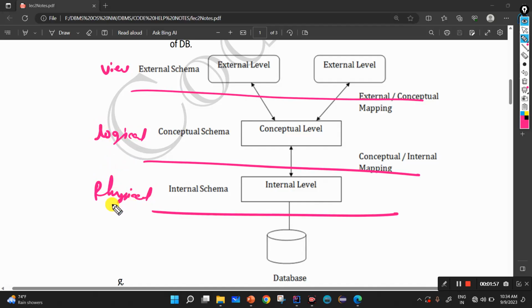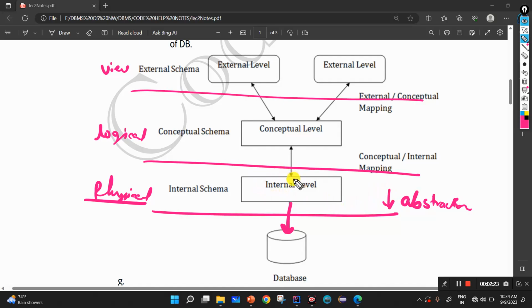What is the meaning of physical level? Physical level means there is abstraction at a very low amount, because it is internally connected with the DBMS and it is closest to the DBMS as compared to the other two levels.